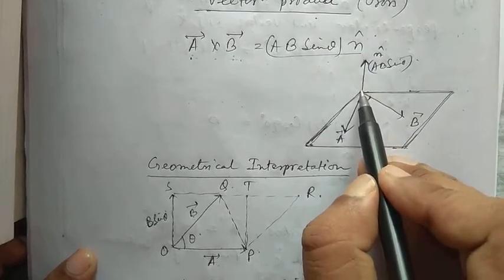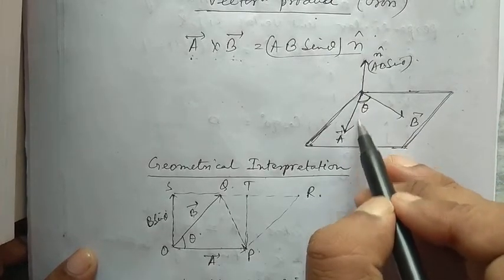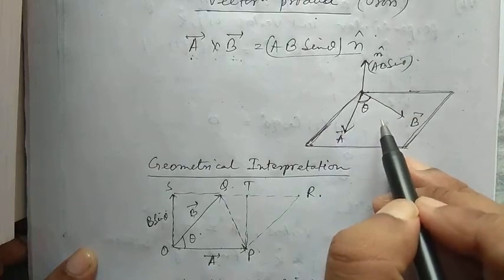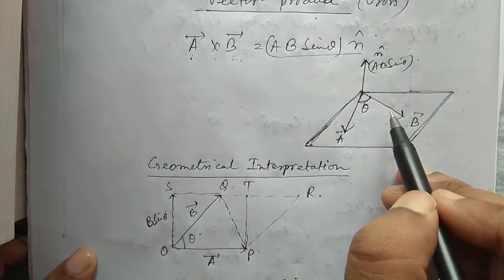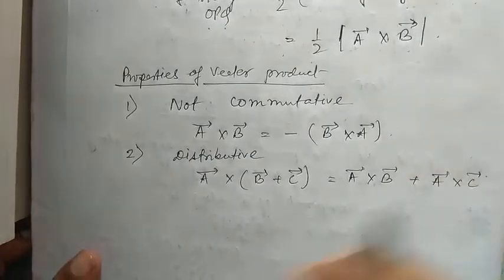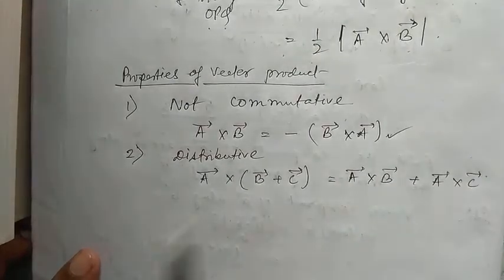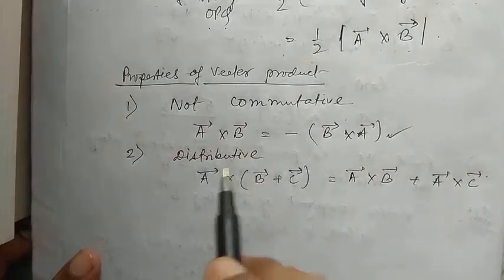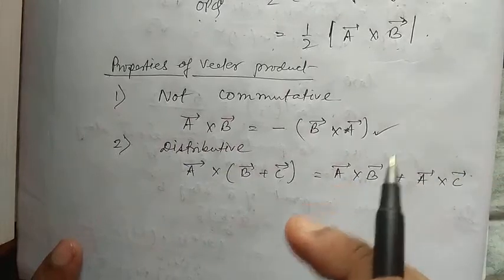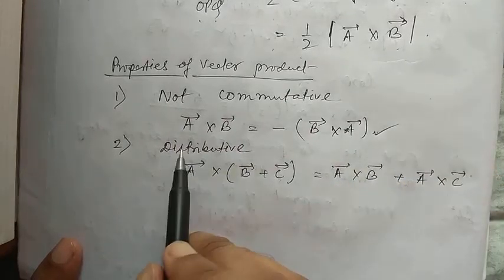Now if this is vector A, the downward vector will be minus of vector A, just the opposite vector. Similarly, A cross B is equal to minus of B cross A. The direction is just the opposite.